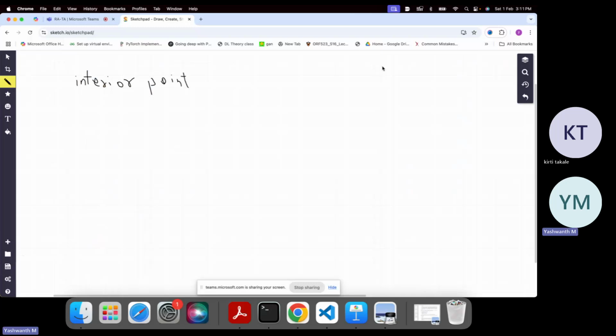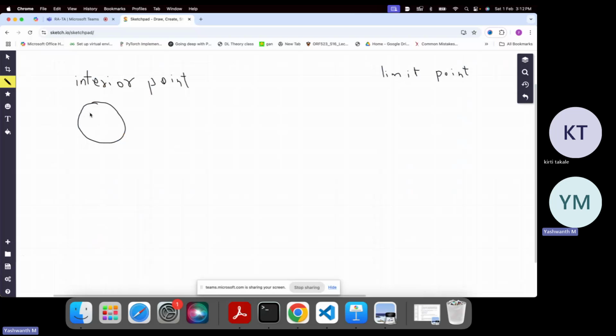Another one is limit point. Interior point is, let's say there is a set, call it an open ball in R2.